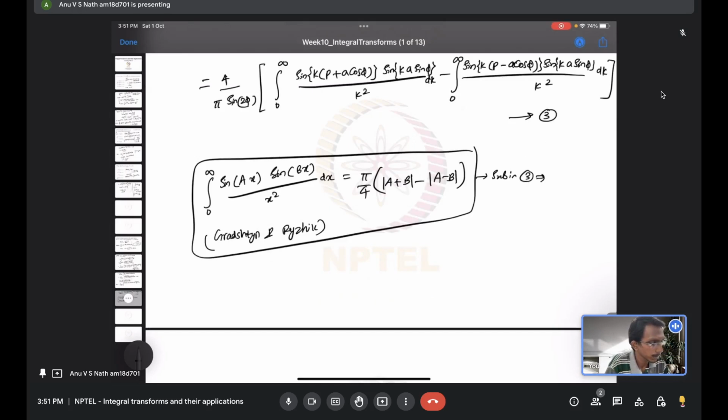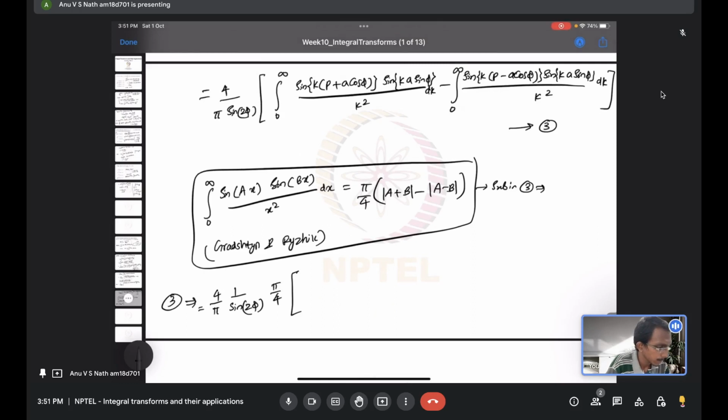Substituting in 3 we will find, so from 3 we will continue. It's 4 by pi, 1 by sine 2 phi, and from this integral we will have a pi by 4 constant coming outside. For both the integrals it's a constant, so we take it outside, and then the remaining things we can manipulate: p plus a cos phi added to a sin phi, absolute value, minus p plus a cos phi minus a sin phi, absolute value.